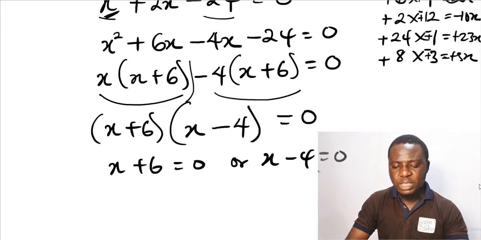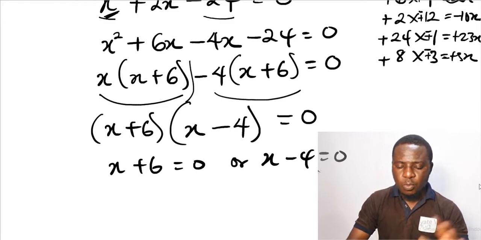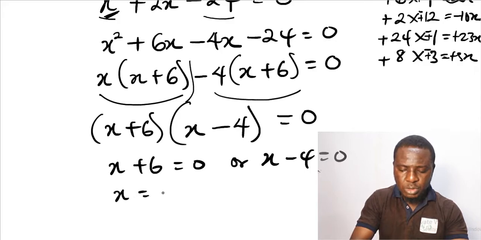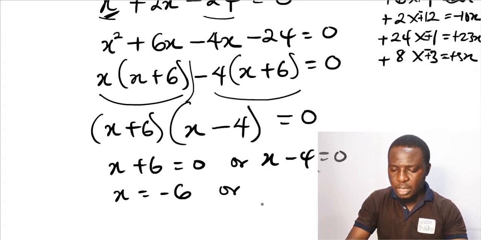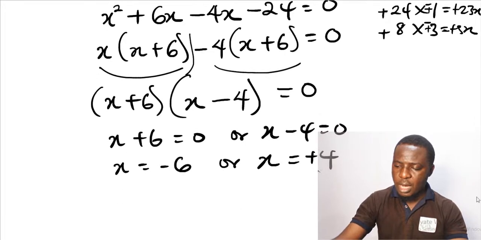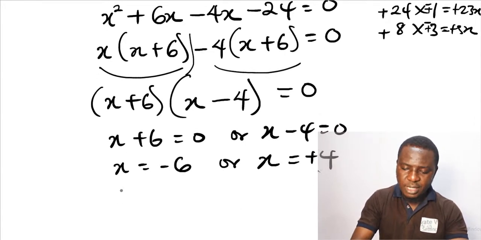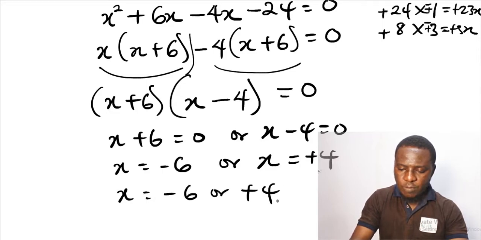Now, if x plus 6 is equal to 0, what is x? Subtract 6 from both sides. This becomes x is equal to minus 6, or do same to the second equation, or x is equal to what? Plus 4.